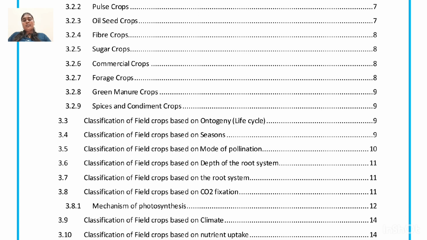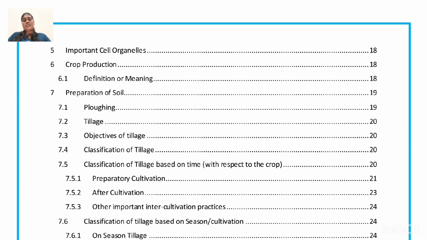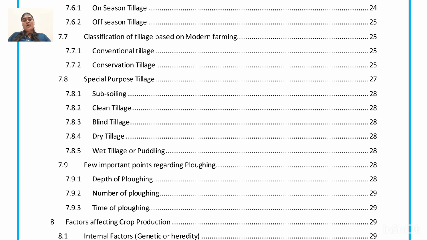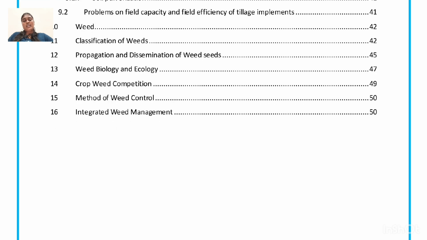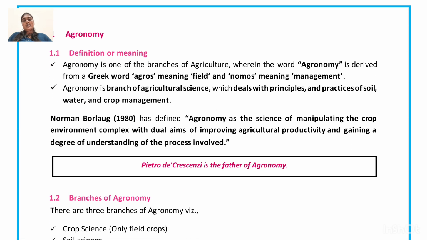So before the introduction part, let us discuss the meaning of this term agronomy. If we see the origin of this word, it has been derived from Greek words, two Greek words, that is agros and nomos. By combining these two Greek words, the term agronomy came.